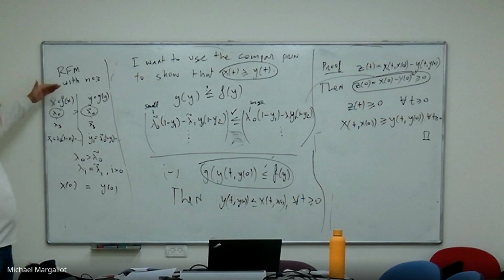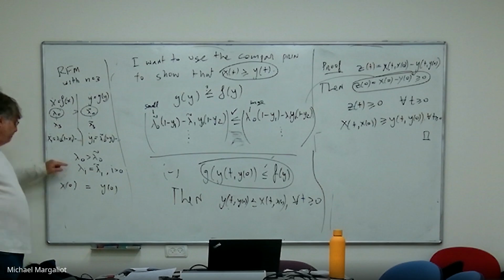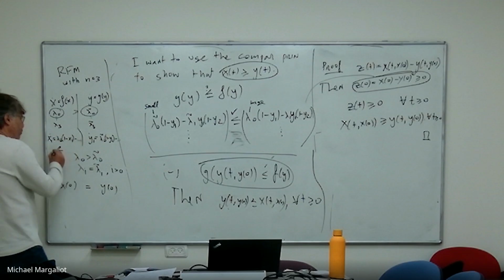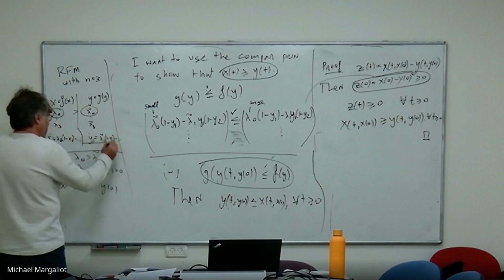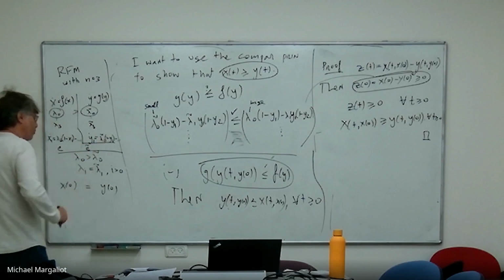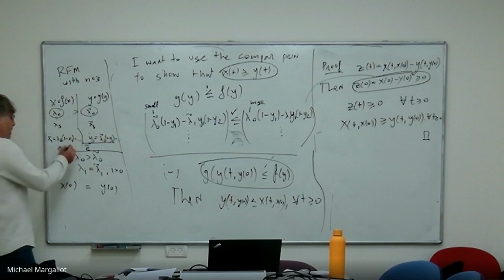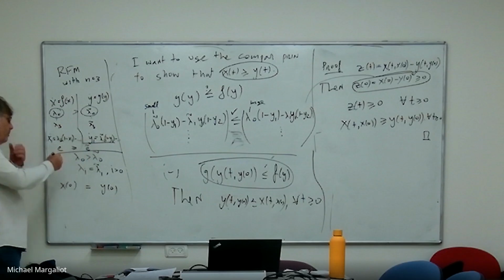And if I know also that when I take the time to infinity, here I converge to some equilibrium point E, and here I also converge to some equilibrium point E tilde, which is different because the rates are different, the inequality will still hold because it holds for any t.